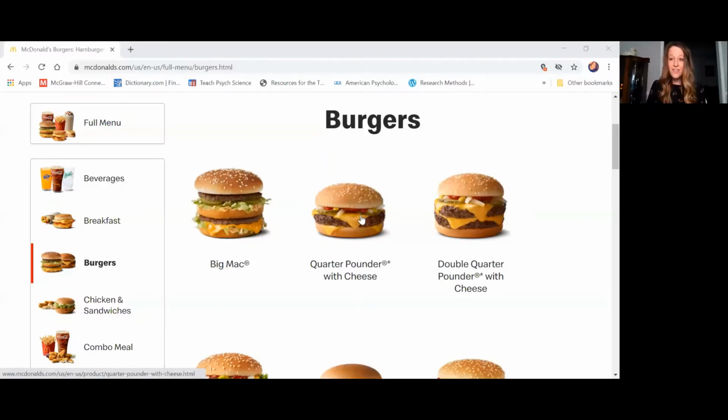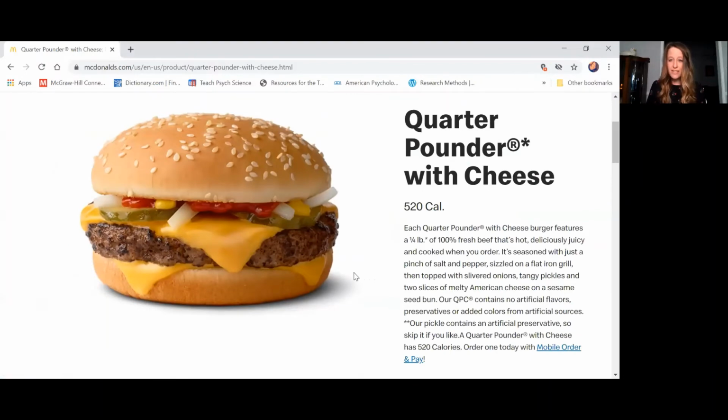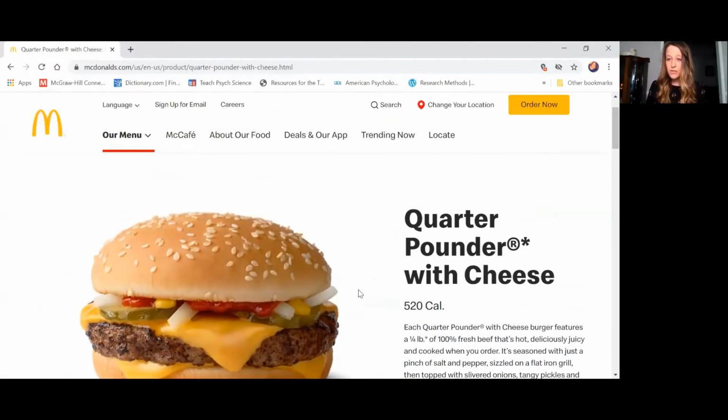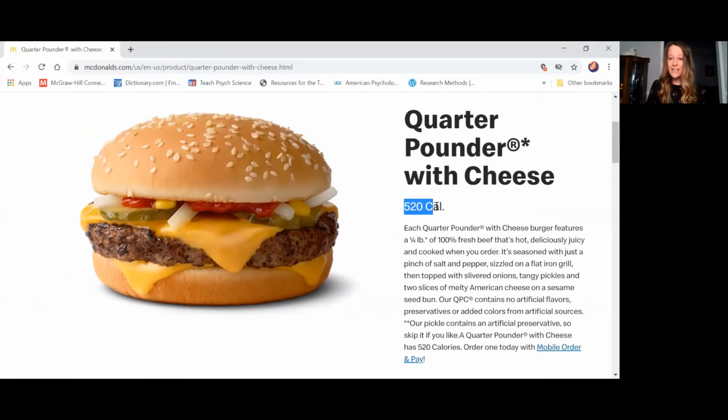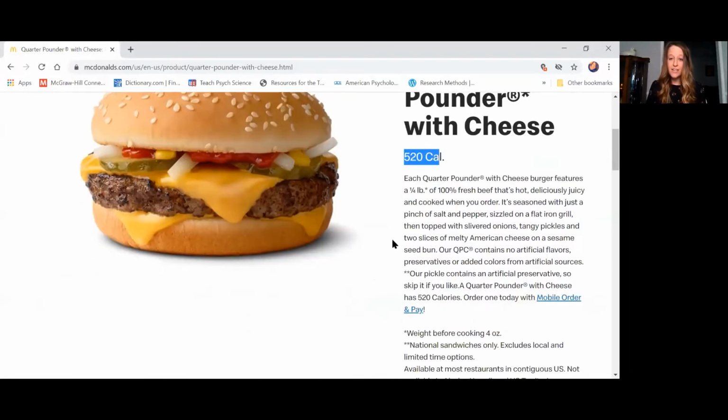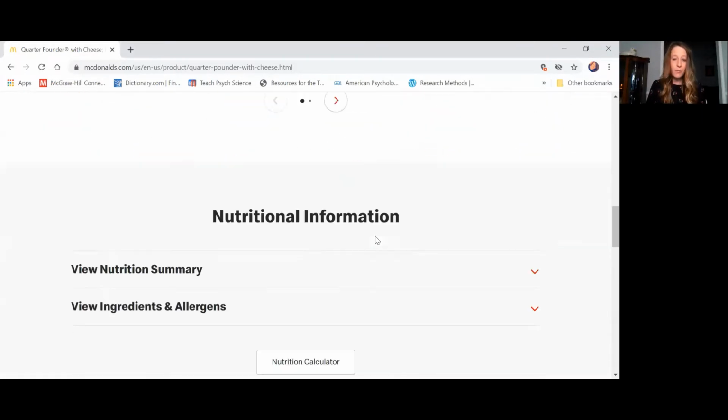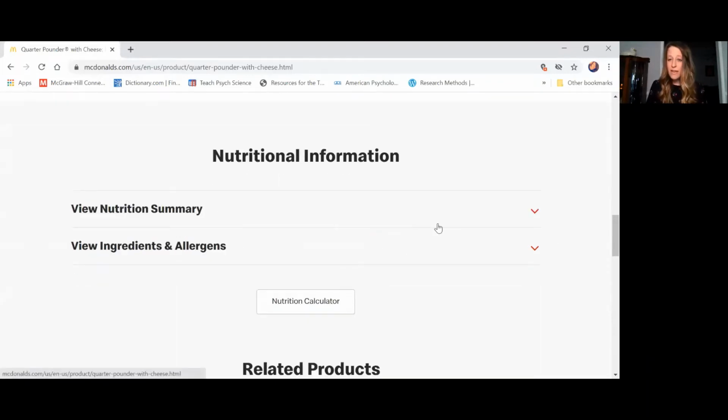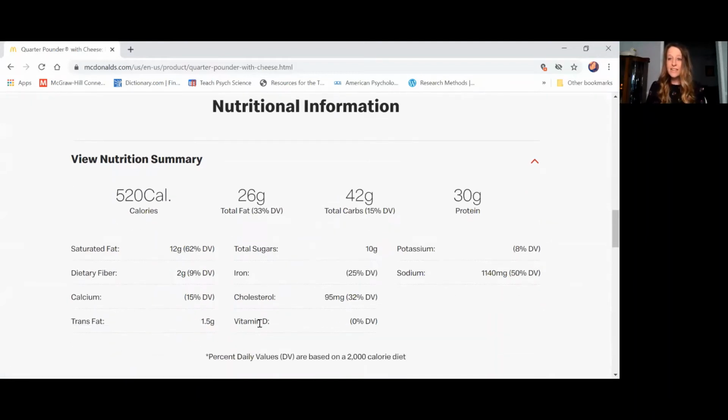And so if we look at the McDonald's menu, we can click on our product that we're interested in. So I'm clicking here on the Quarter Pounder with cheese. You see that it has 520 total calories. But if we go down and we expand out the nutritional information, we can get a lot more information in the nutrition summary.